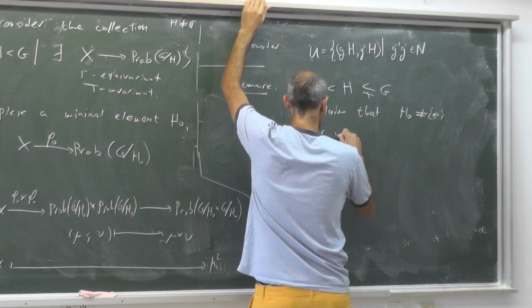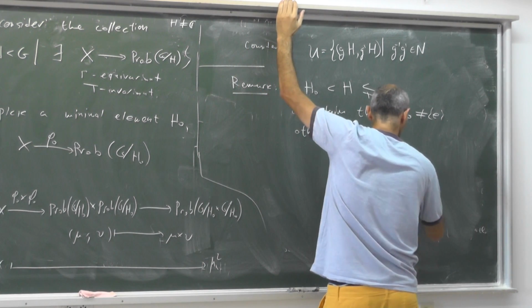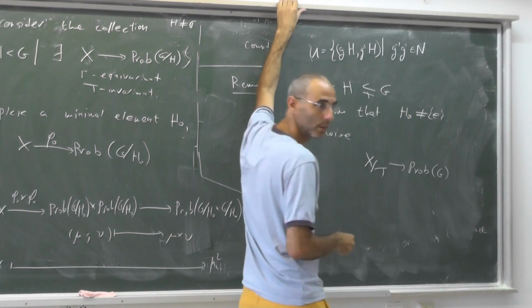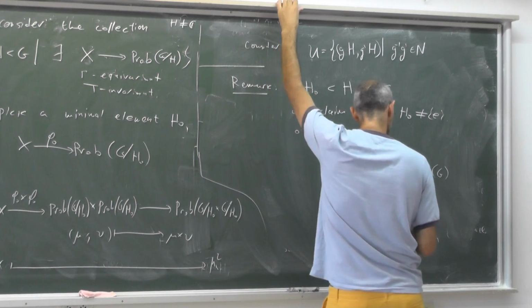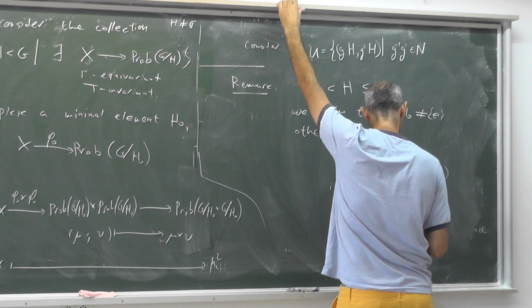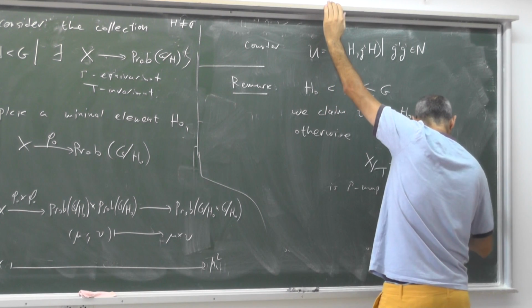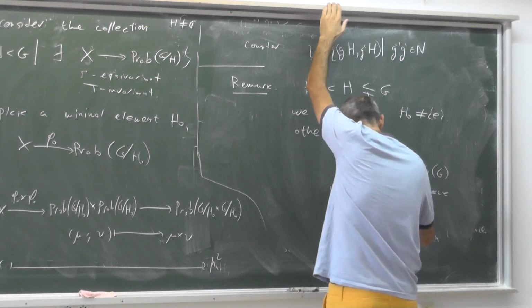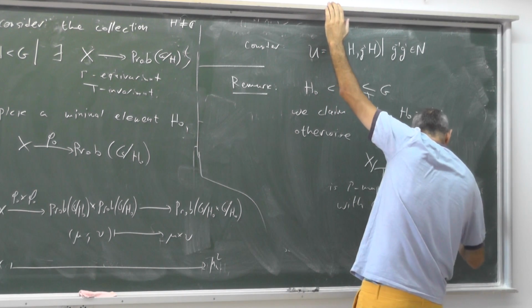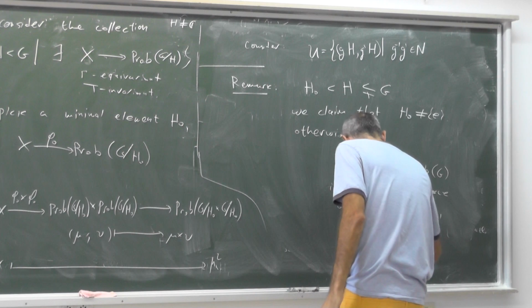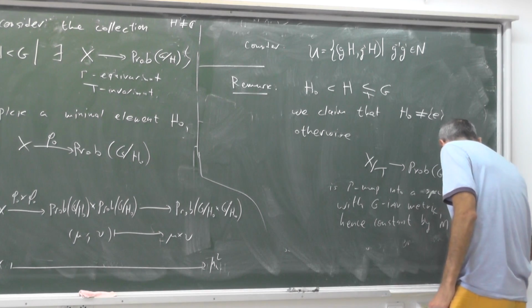Otherwise, X mod T to G is a gamma map into a metric space, a space with G invariant metric, and constant by metric ergodicity.